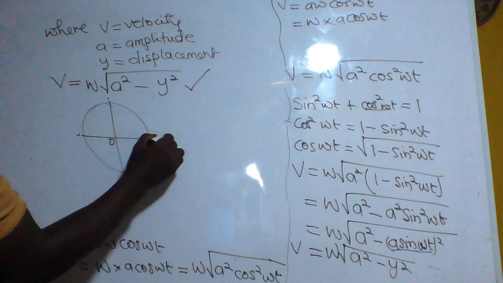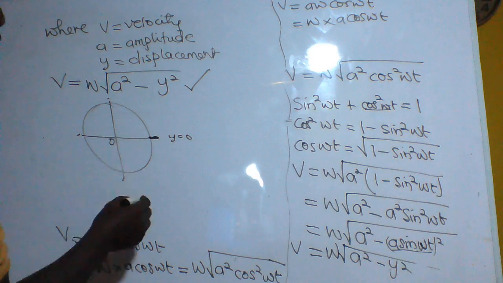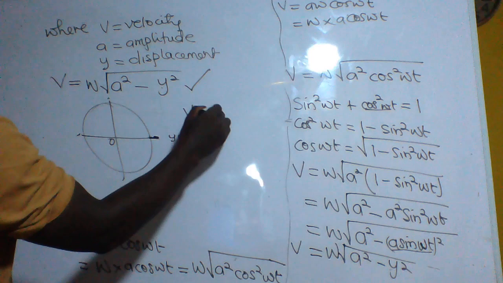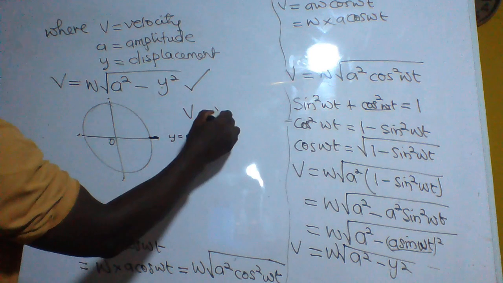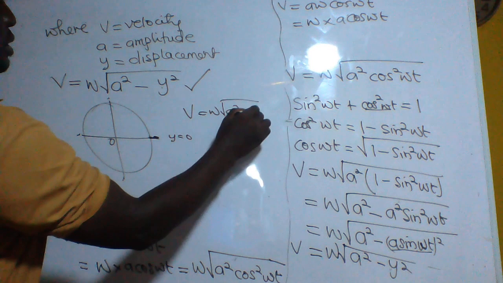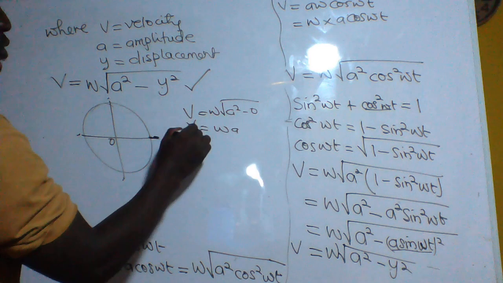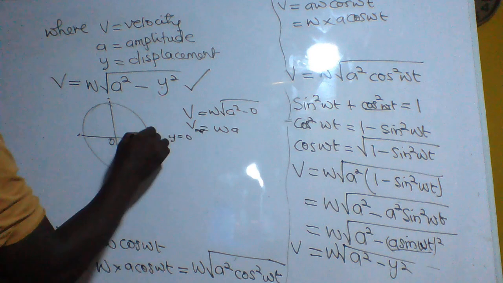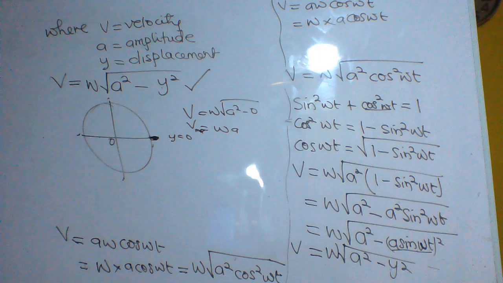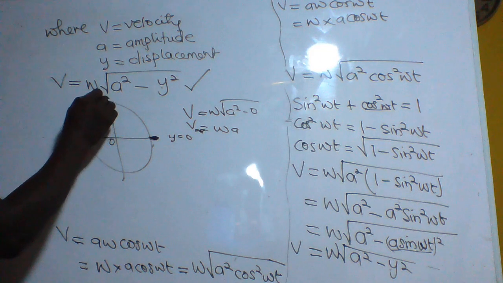At the fixed point, y is equal to 0. If the displacement is equal to 0, when you put 0 here, you have v is equal to omega times the square root of a squared minus 0. And so you have omega a, telling you that the velocity is maximum when the particle is crossing the mean point. It will also be maximum here, but the velocity is 0 here.